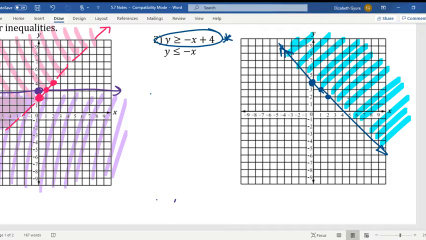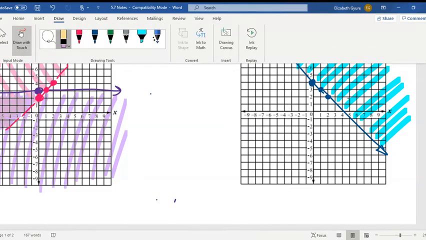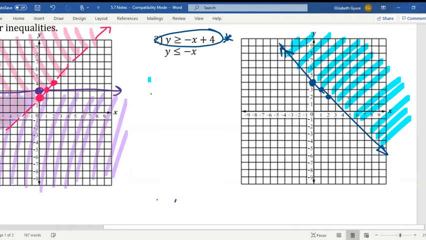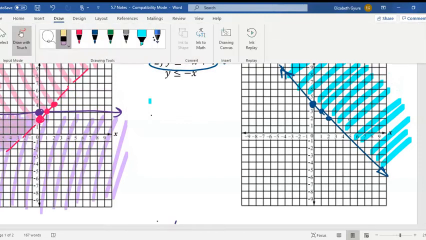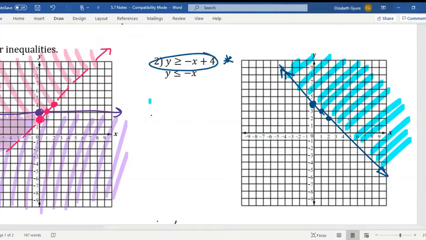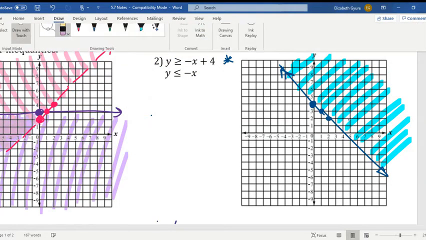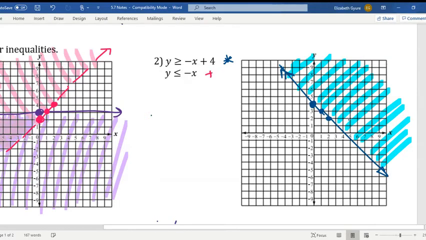All right. Now let's try this other one. Oops. What happened here? All right. So now this second one, we have y is less than or equal to negative x. Do you guys notice there's nothing added or subtracted on the back here?